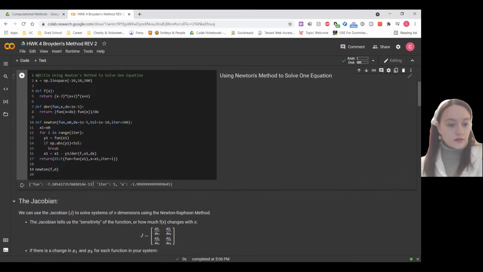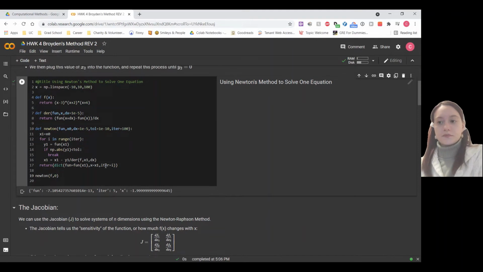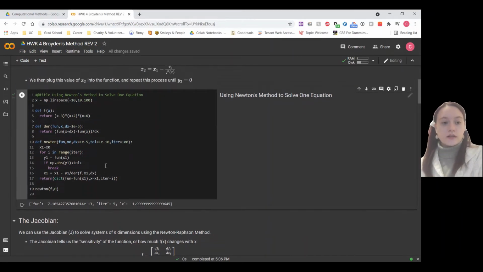So we get our function -7 to the 10 to -13th, so it's pretty close to 0. We went through 5 iterations and x is about -2. So this is a good way to solve very simple functions where we just have one equation with one unknown.